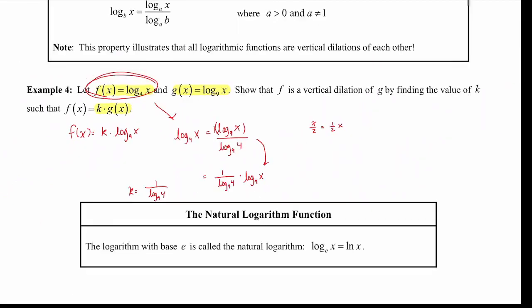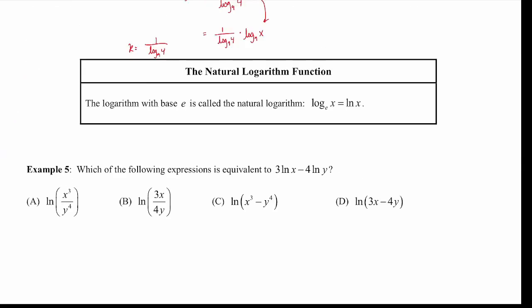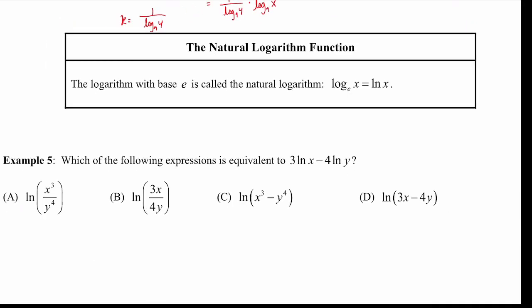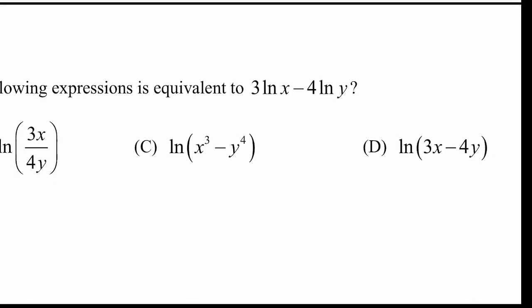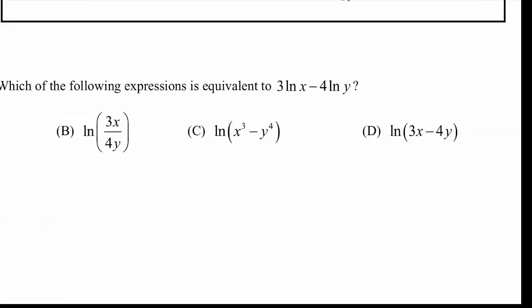All right, any other questions about this? All right, let's continue. This should be the last problem in this section. The logarithm of base e is called a natural log. We've already talked about this. So we have this right here, and our answer choices are just equivalent forms. Let's try to condense this into one log, because our answer choices are in one log, and see which one is the same.